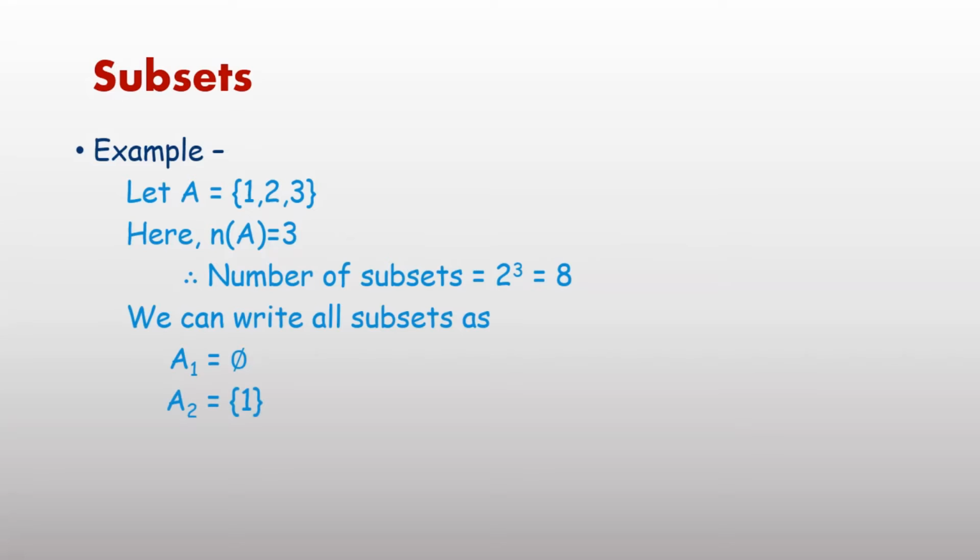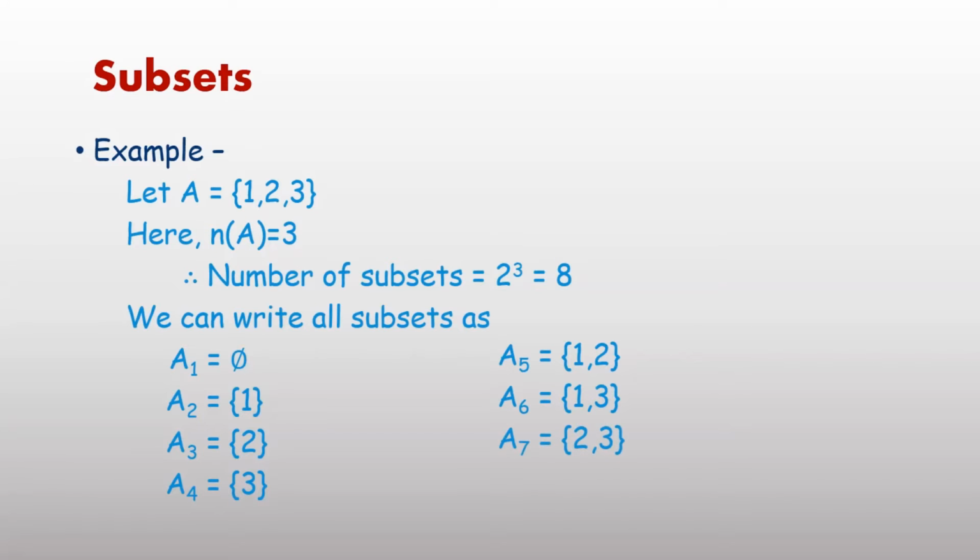Then second subset we can write containing one element, A2, A3, A4. A5 having two elements 1 and 2, A6 two elements 1, 3, any two elements of set A, A7 and A8 means the set itself.